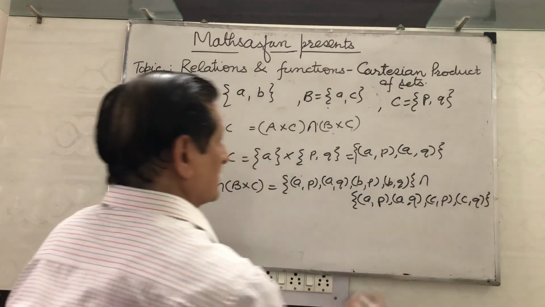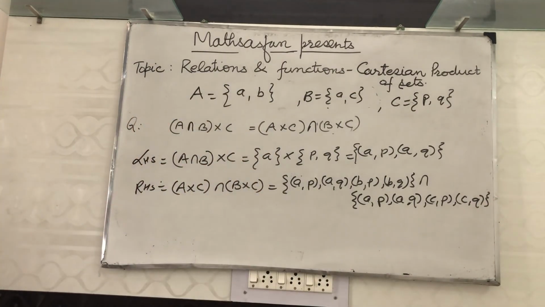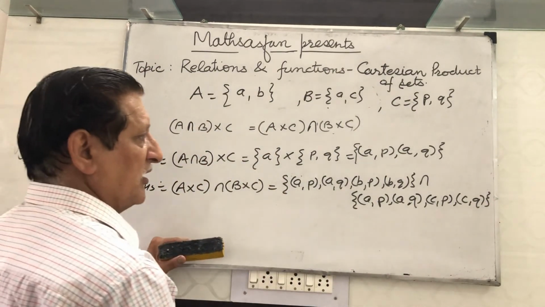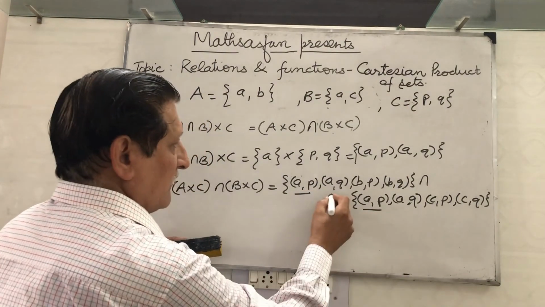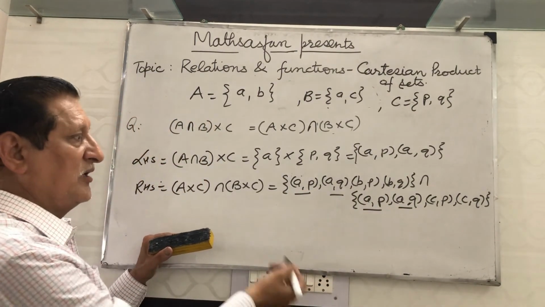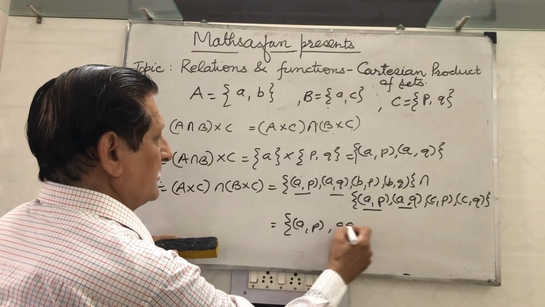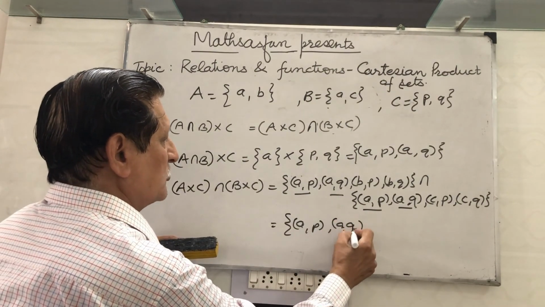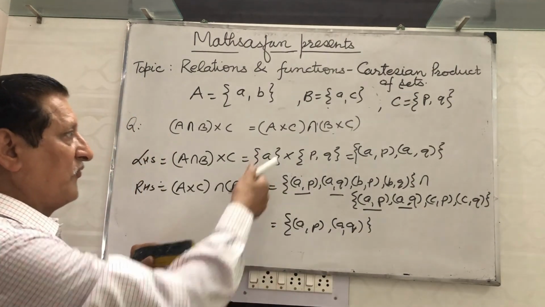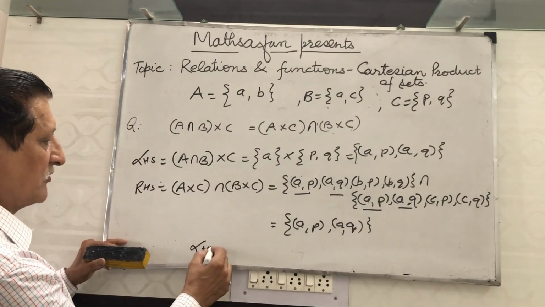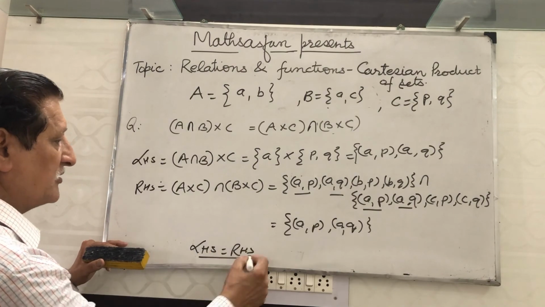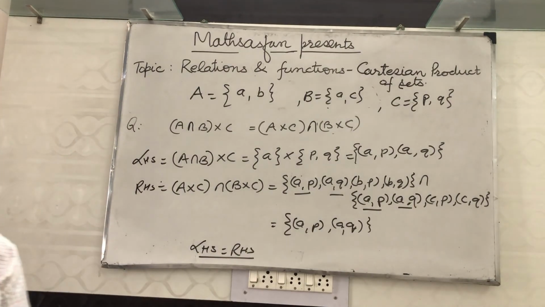And you know intersection of two sets mean common elements in both. Are we having some common elements? We have AP here, we have AQ here. These are only two elements common. So we are having AP, AQ as the intersection of these two sets. What we are finding, left hand side is equal to right hand side. Like this you can be asked the questions based on this.